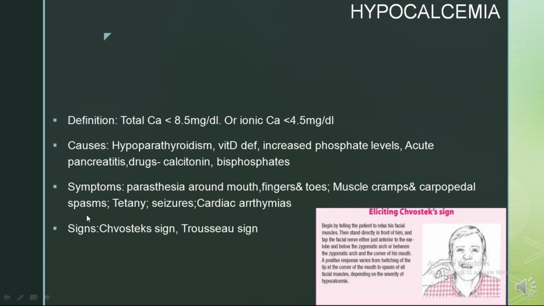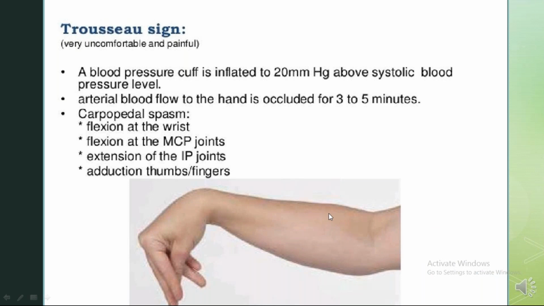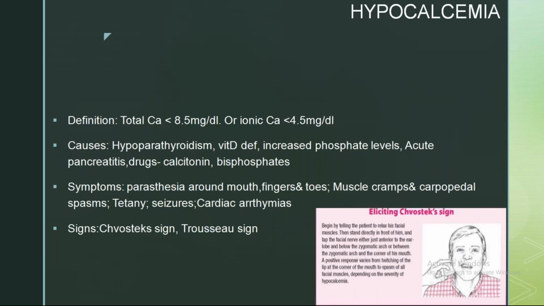The main signs of hypocalcemia which you need to observe in clinical examination include the Chvostek sign and the Trousseau sign. If you look at this video, to elicit the Chvostek sign, you use your finger to tap in the region inferior to the tragus. The patient should first be asked to relax his facial muscles.